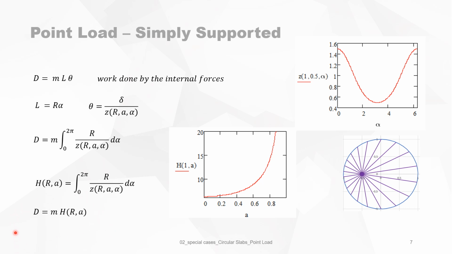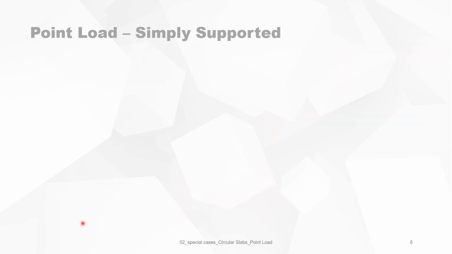So, conclusion: the work done by the internal forces is a function of m, of course the plastic bending moment, and h, a function of r and a. We go now to calculating the work done by the external force. This is very simple.